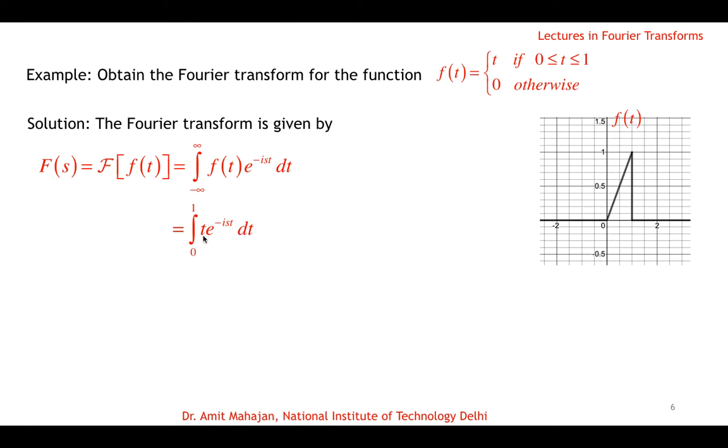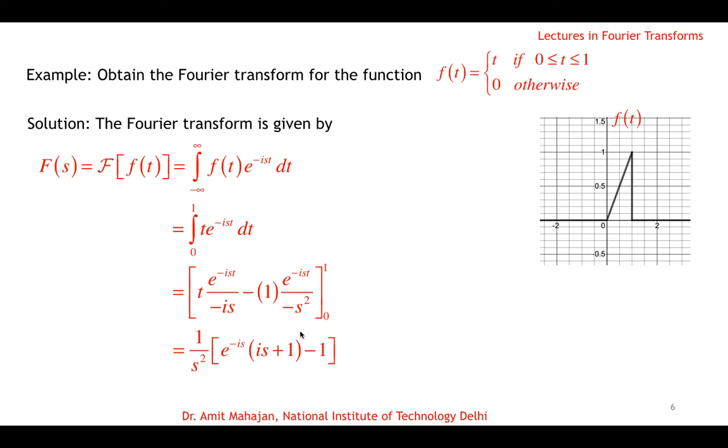We can integrate this by parts. First function t, second function exponential. Then a negative sign, the derivative of t is 1 and the exponential integral is the exponential divided by minus s square. Lower limit 0, upper limit 1. So we substitute upper limit minus lower limit, and once we substitute the limits, we get the Fourier transform function.